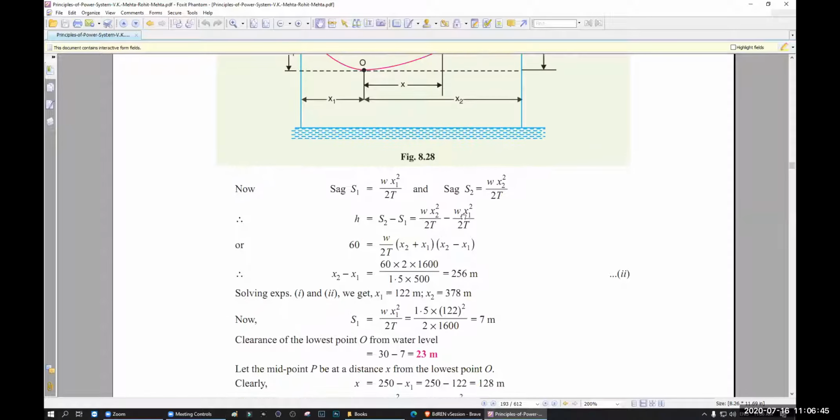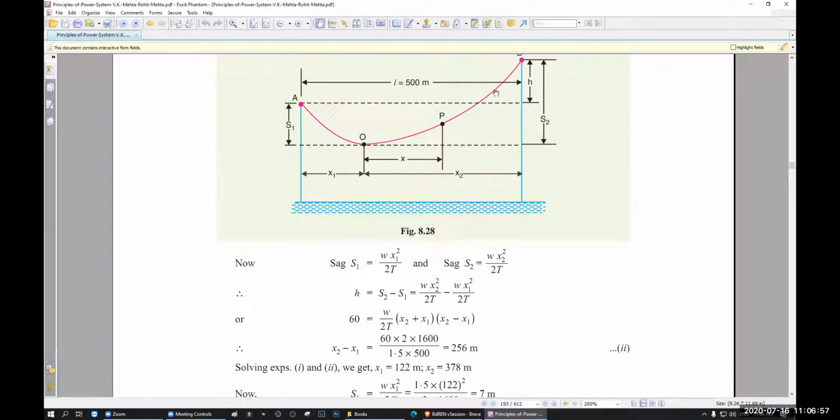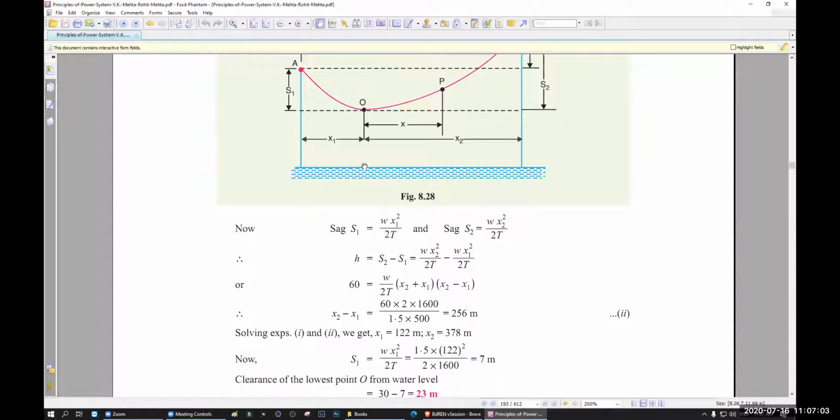Yes, sir. Okay. Now, put the value of x1 here. So what is the sag? 7 meter. What sag? This small sag, not the bigger one. This sag is 7 meter. So what is the clearance at the lowest point?